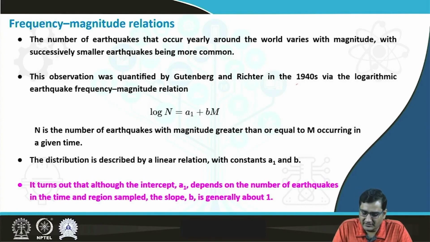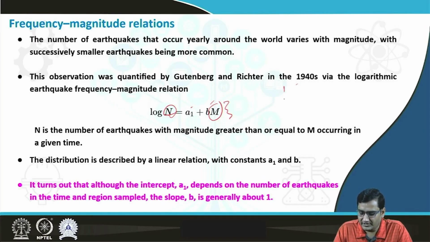This relationship is very important, and it is famously known as the frequency magnitude relation or Richter Gutenberg recurrence relationship, in which N is the number of earthquakes greater than magnitude m, and A and B are constants, and the distribution is described by a linear relation.